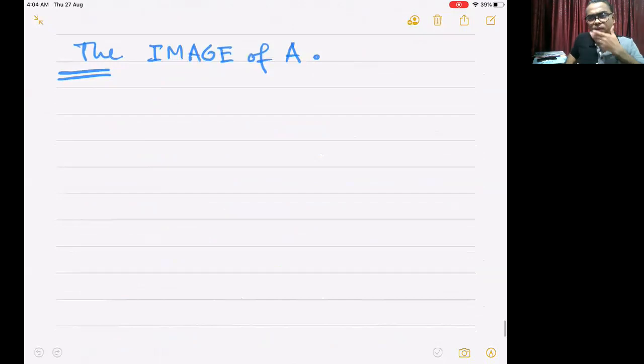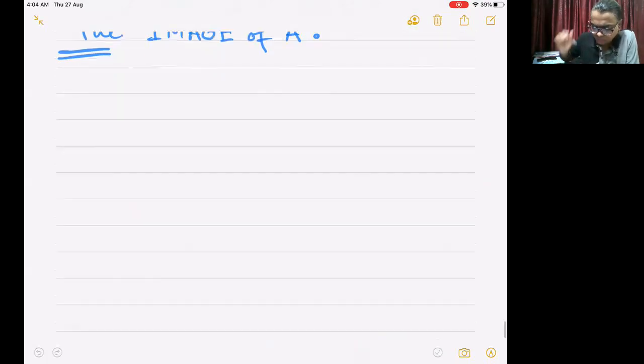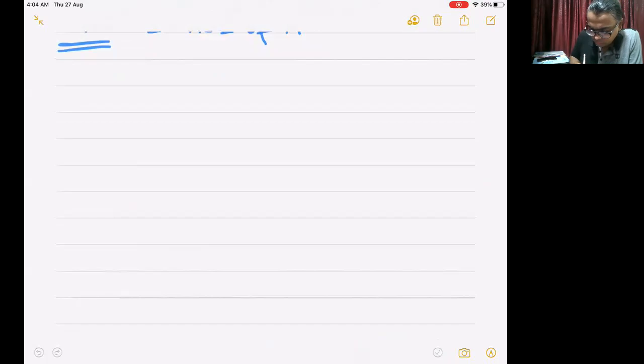So now what we are going to look at is, as I said, some more properties of subspaces. Before that, we are going to look at one more very special kind of subspace, which comes under the bigger idea of span of vectors.